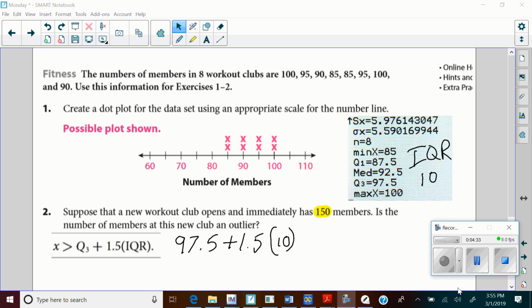Once we plug that in, it comes up as 112.5.